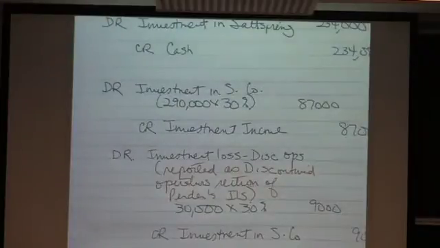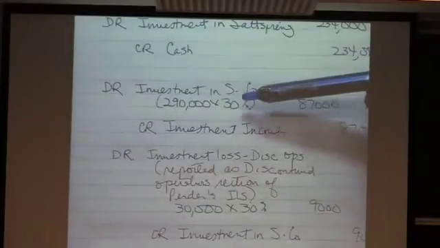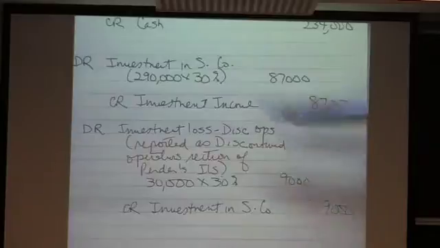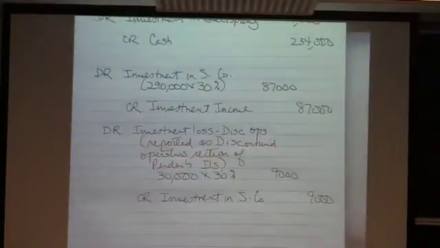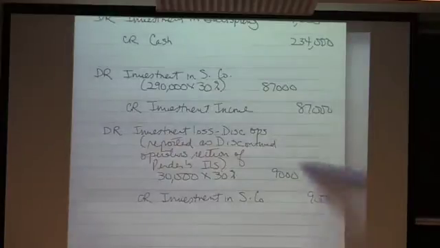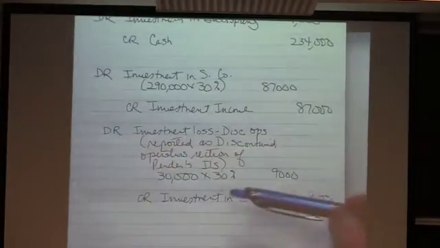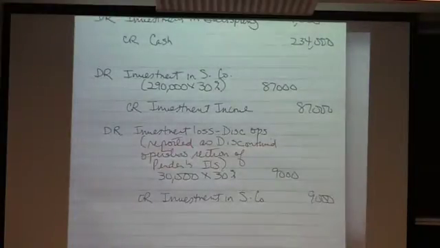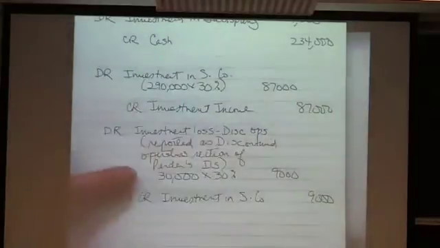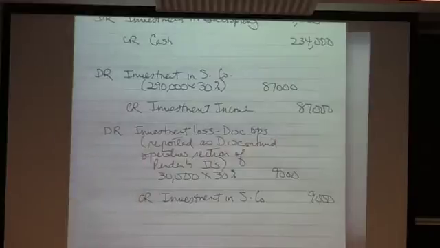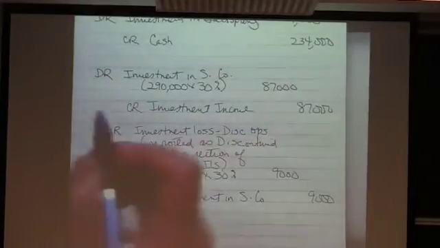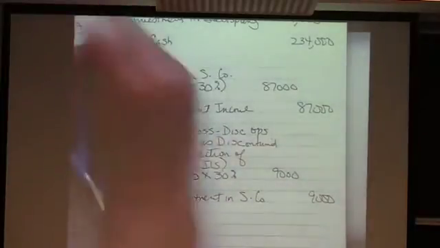So that's the key: we pick up our share of income, and we're also going to pick up our share of the loss. But again, we're going to keep the nature of the loss. So this loss of $9,000 is going to be reported as discontinued operation on Pender's books. And so that's the first part. So let's label that A and B.